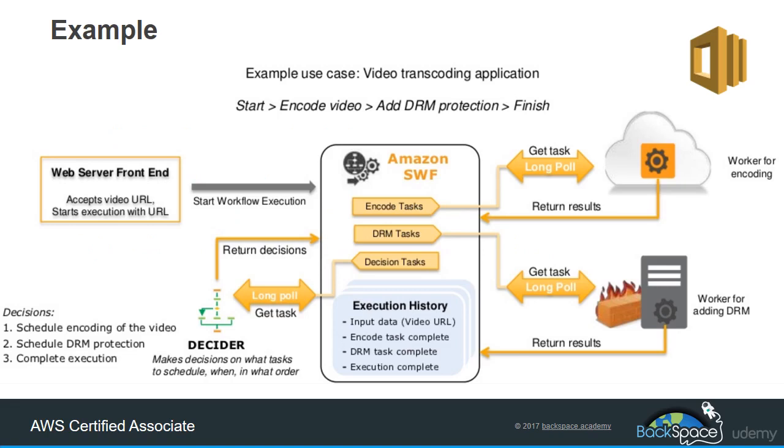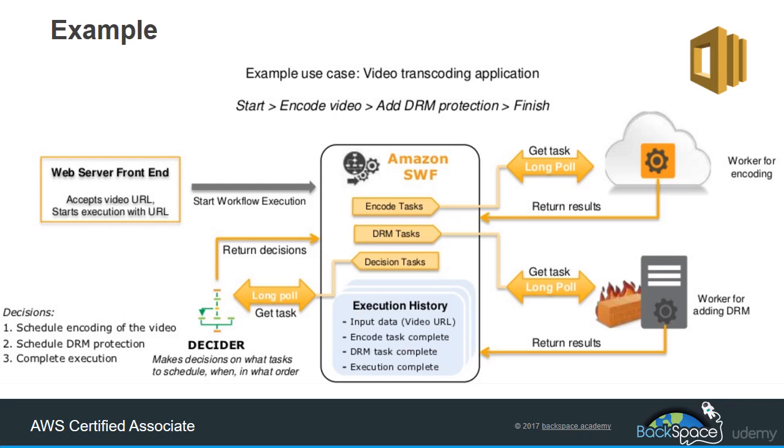So what does an example of an SWF workflow look like? Here is a very simple example that was on the AWS website. It's for a video transcoding application, and it's a very simple process. It just grabs a video, encodes that video, adds digital rights management or copyright protection to that video, and then it finishes.